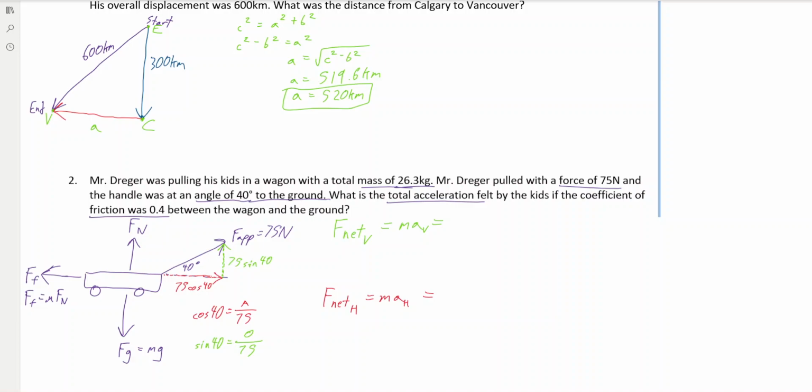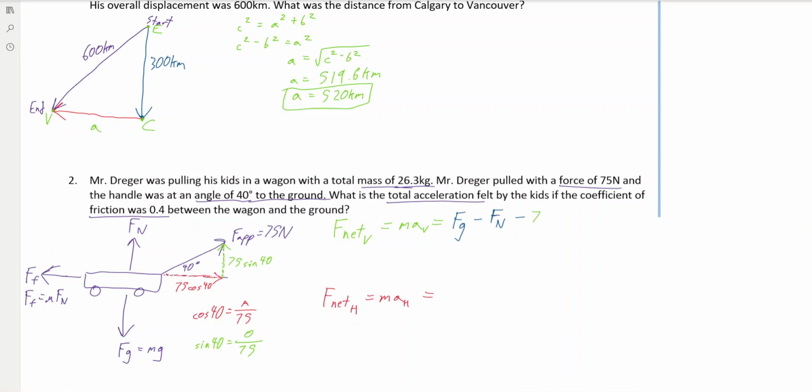Okay, so now we're going to add all of those parts together. So all the regular forces I'm going to put in blue, and then I'll put the special ones, the components, in red and green. So in the vertical direction, we have force of gravity, which is down, and that minus the normal force minus the force in the vertical direction.